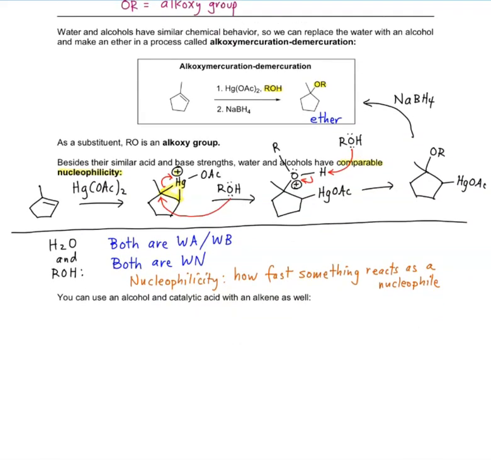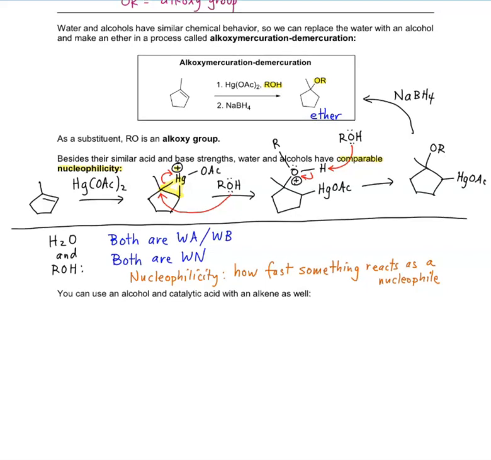So let's take this back to what we did initially with hydration, which was a Markovnikov hydration using water and a catalytic acid, like sulfuric acid or tosic acid or nitric acid, with an alkene. If instead we used an alcohol, it's going to follow a very similar pattern. Let's look at this example.